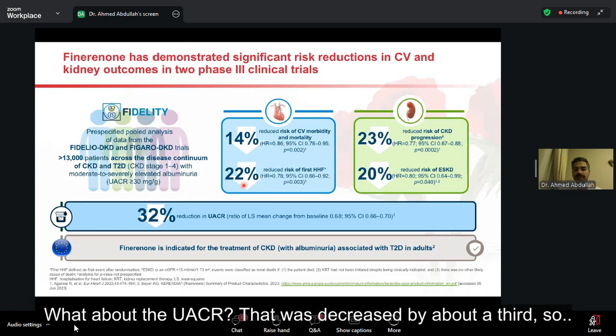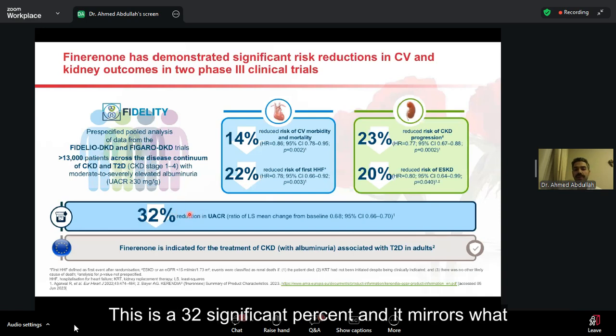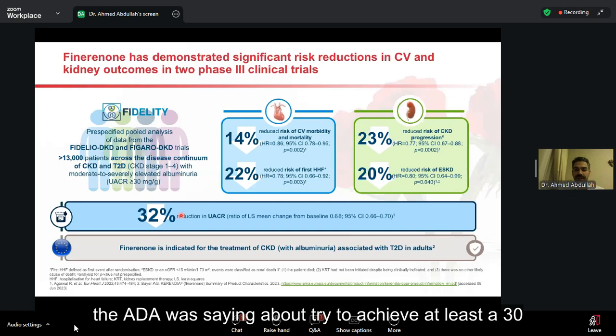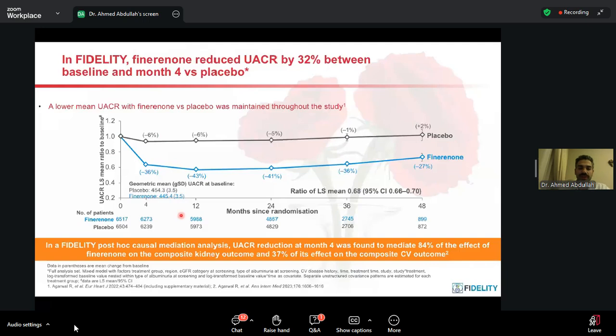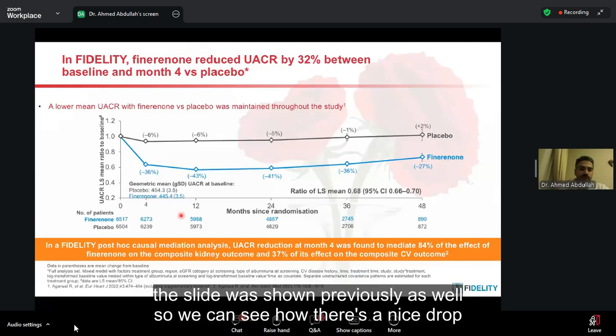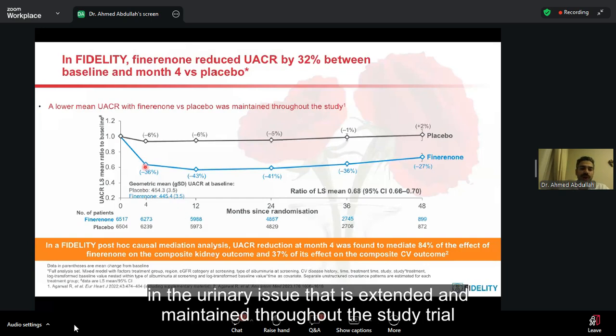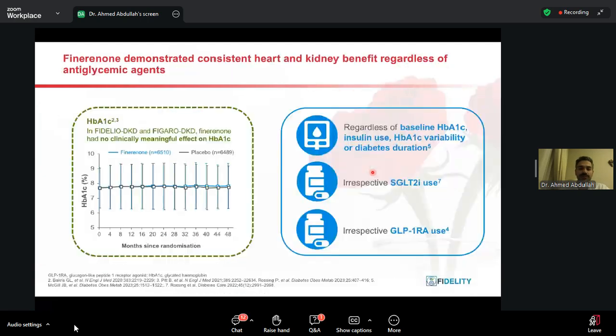What about the UACR? That was decreased by about a third. So this is a significant 32 percent, and it mirrors what the ADA was saying about trying to achieve at least a 30% reduction in the UACR. The slide was shown previously as well, so we could see how there's a nice drop in the urinary ACR that is extended and maintained throughout the study trial.